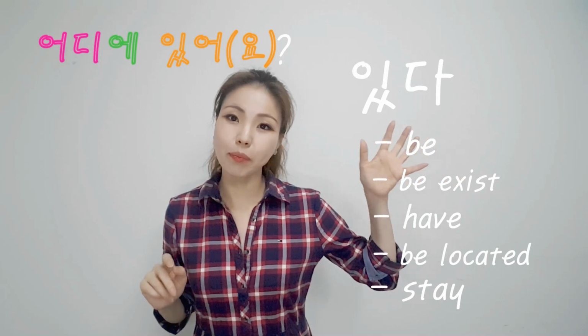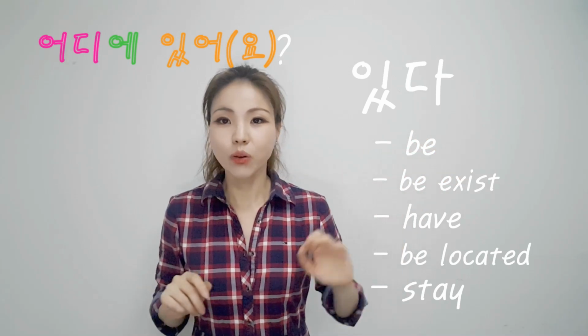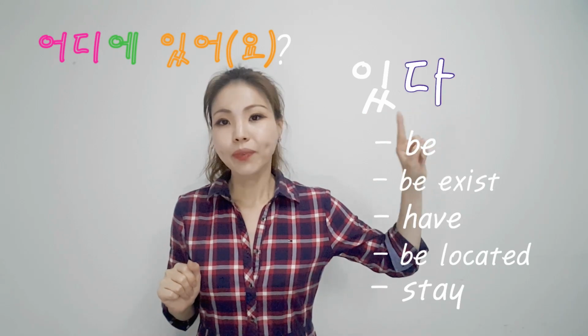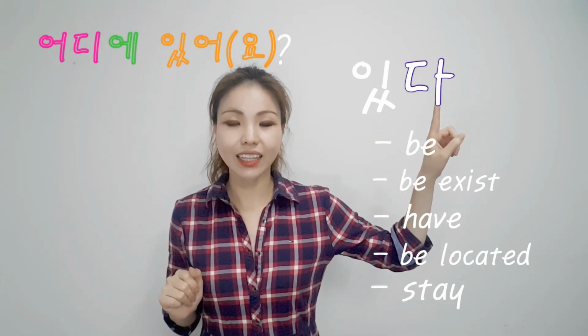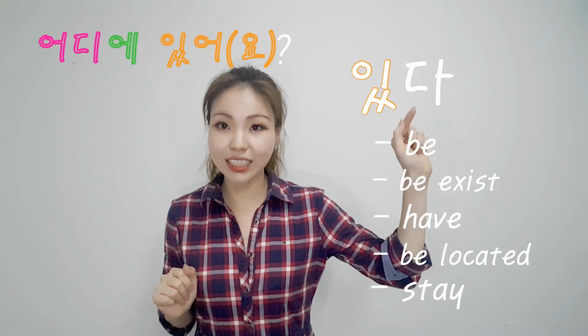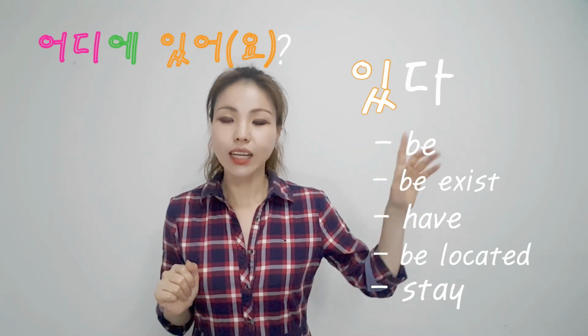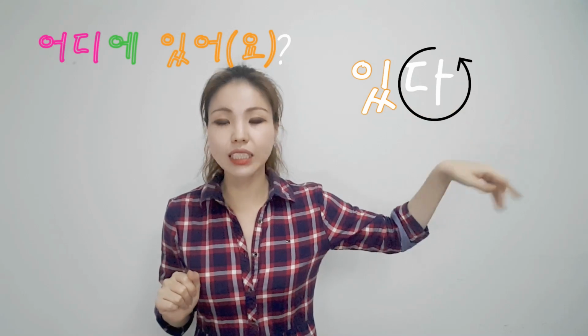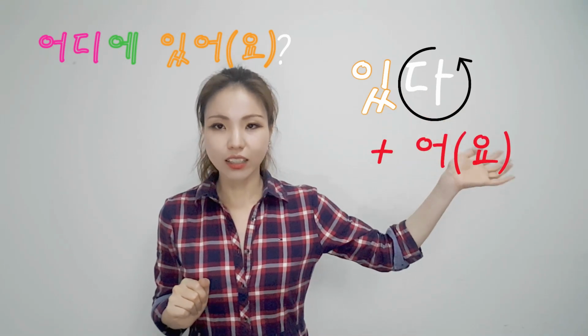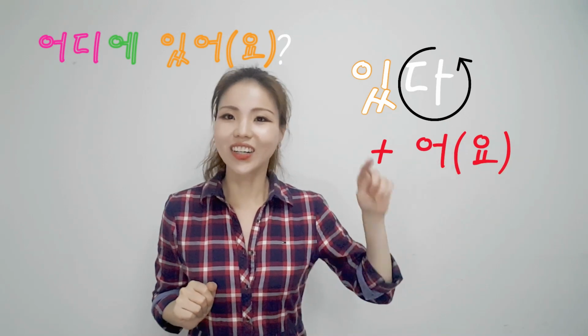In this case, maybe be, or be located or stay. Every Korean verb finishes with 다, and 다 is the ending, so it doesn't mean anything. This is the stem. When you speak in Korean, you just delete the 다 part, change the verb form and put 요.